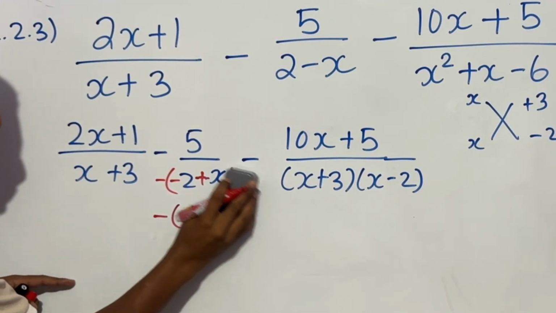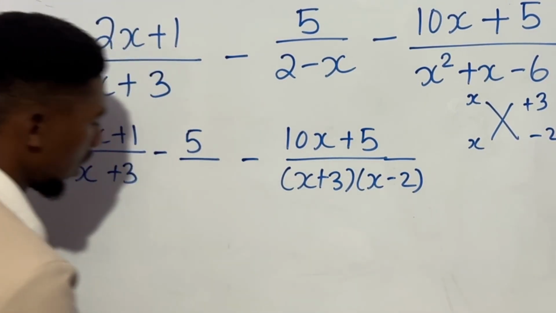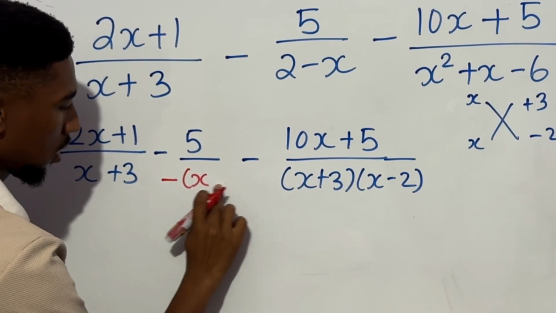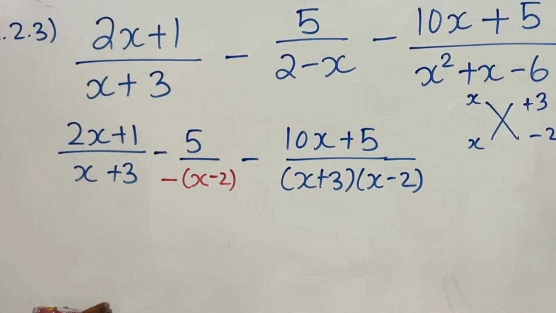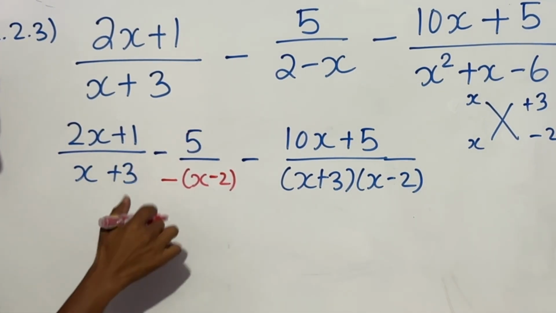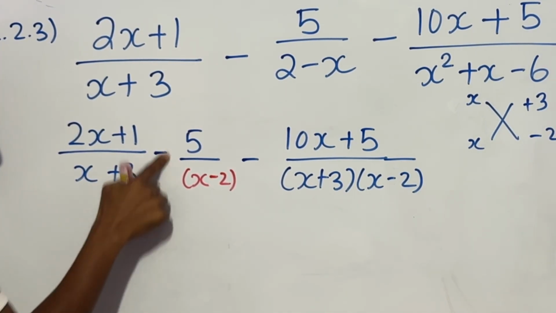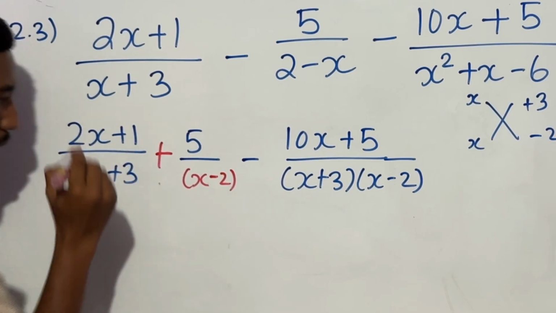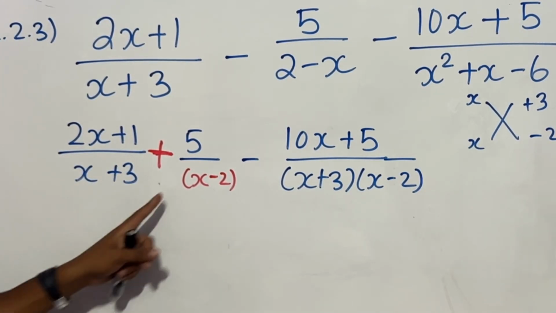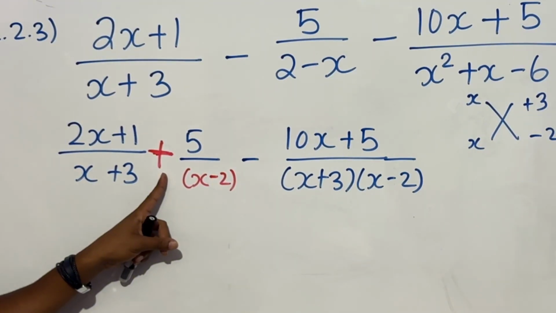So now I have minus x, minus 2 over there. And then because I have two negatives outside the bracket in the same fraction, a negative and a negative, that gives me a positive. So that is how that just affected this entire fraction over there.